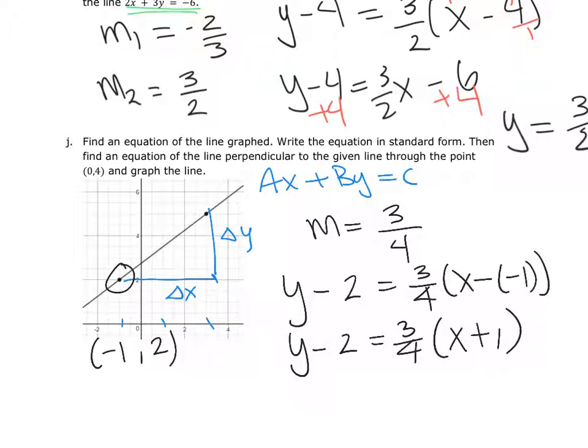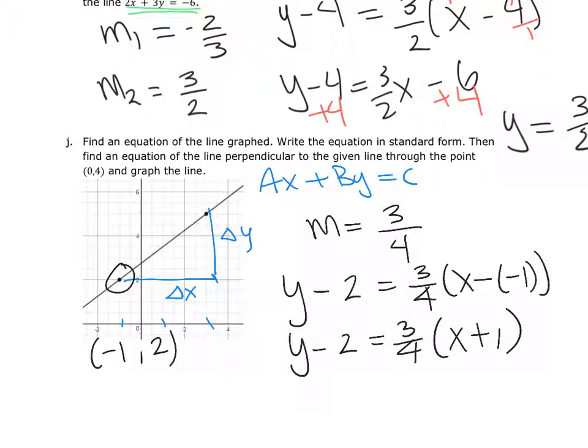Now, what I need to do is put it in ax plus by is equal to c. So I'm going to go ahead and clear my fraction. What I mean by clearing my fraction is I have a fraction right here, and I want to clear that. If I can avoid fractions, I'm going to. It's not that I don't like them, I'm just going to. So that means I'm going to multiply both sides by 4, because that will clear my fraction.